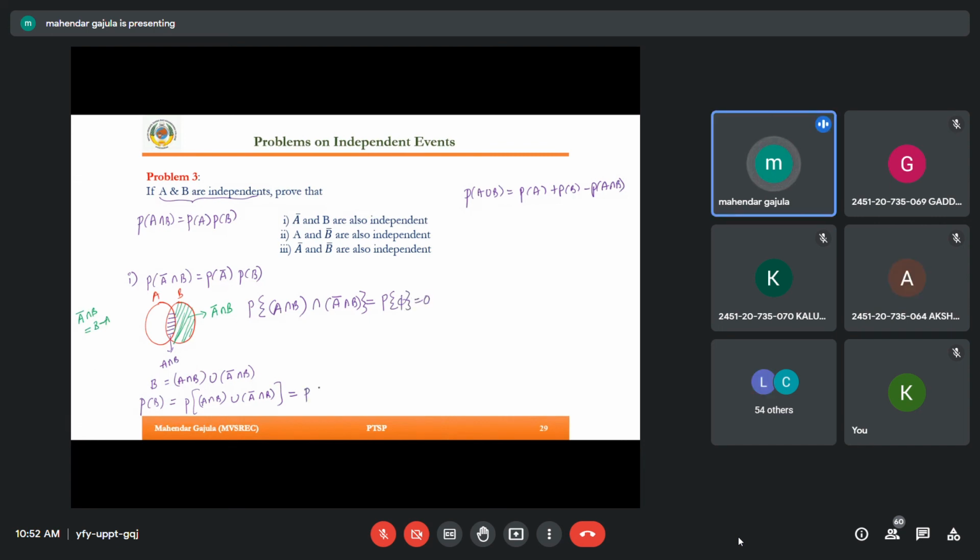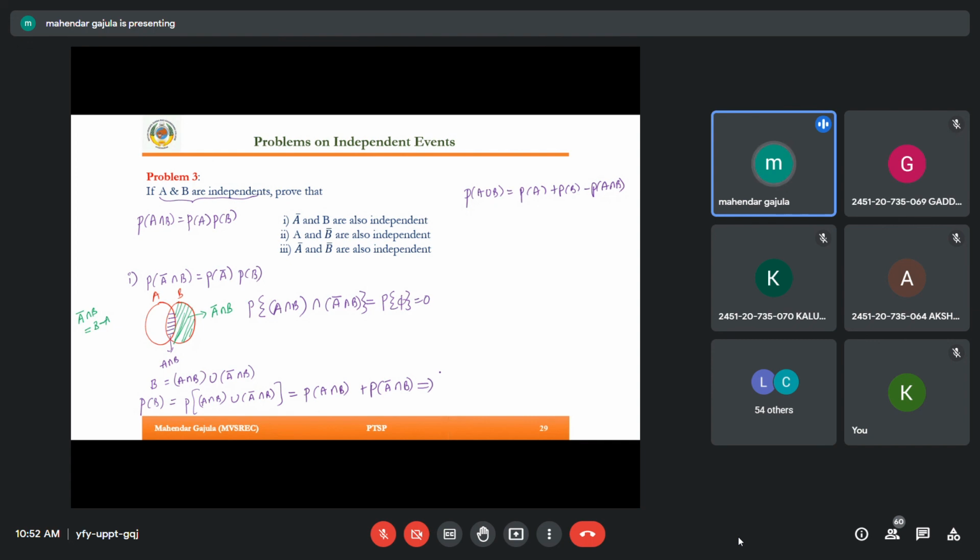So directly we can apply probability of A intersection B plus probability of A bar intersection B, because there is no intersection. These two are mutually exclusive.